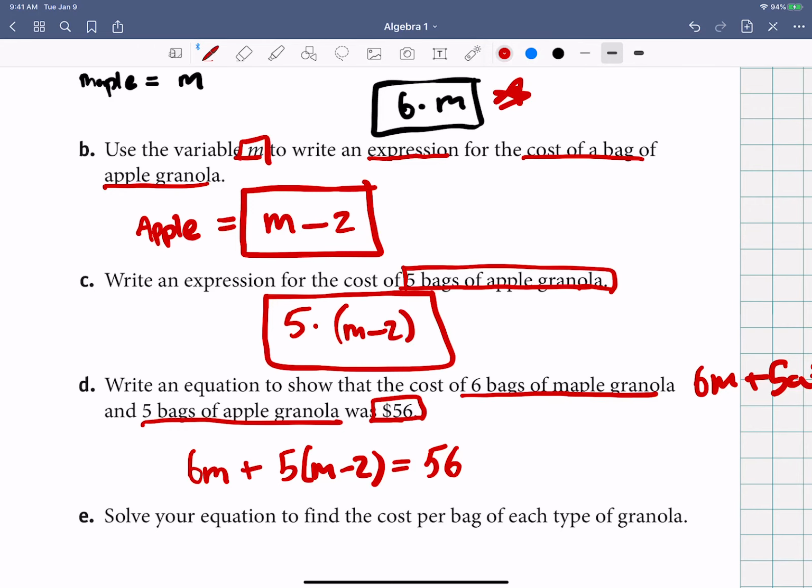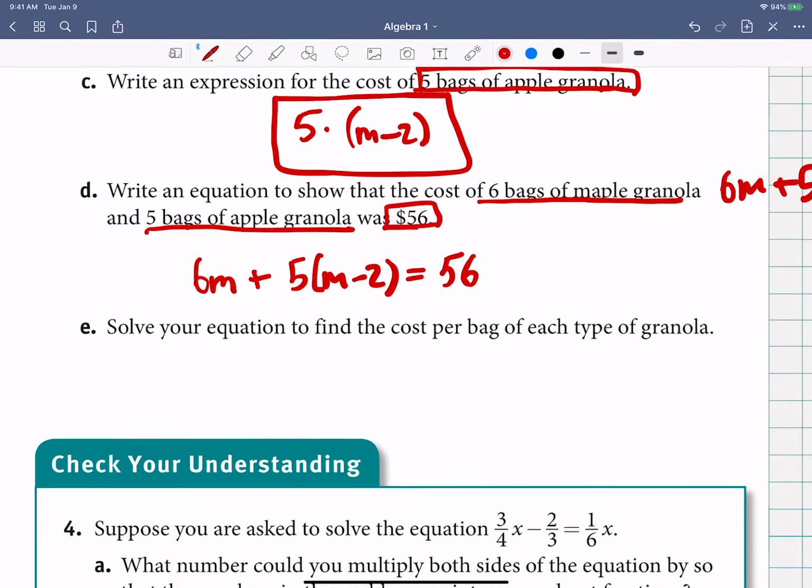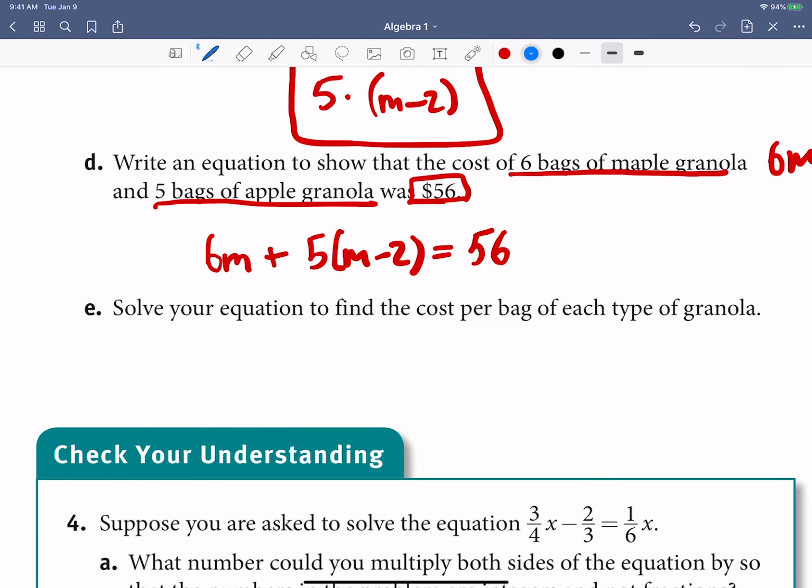Okay? Now we've got to solve our equation and we're done. Once again, we're going to use what we call the distributive property, and you're going to distribute this multiplication here. So it's going to be 5 times M minus 5 times 2.